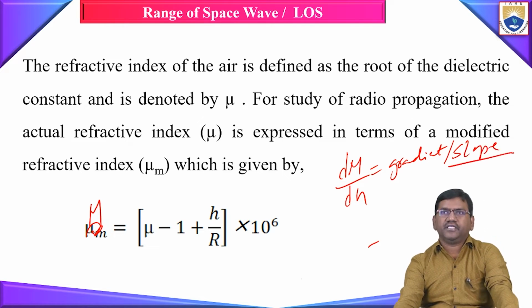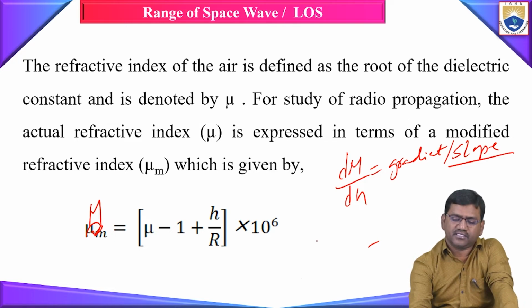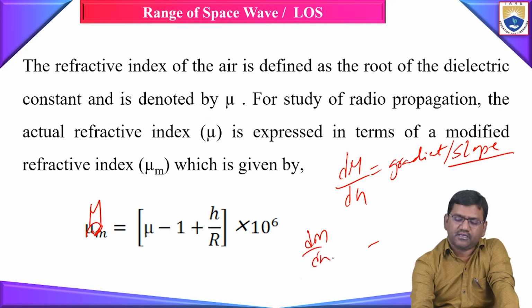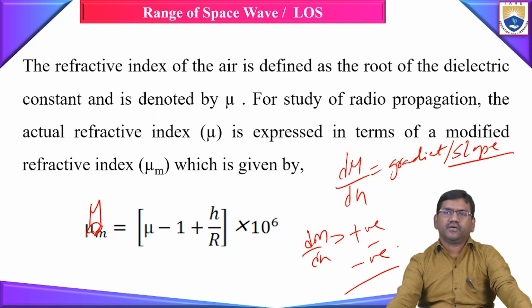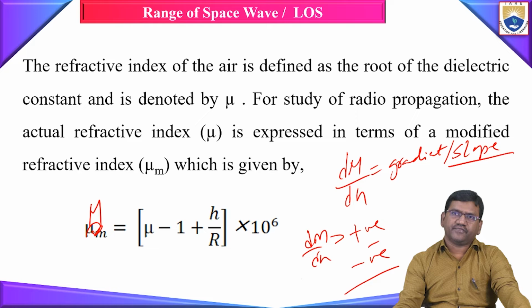The value of dM by dh depends upon the atmospheric conditions. It may be positive or negative, depending upon the slope of the M curves.